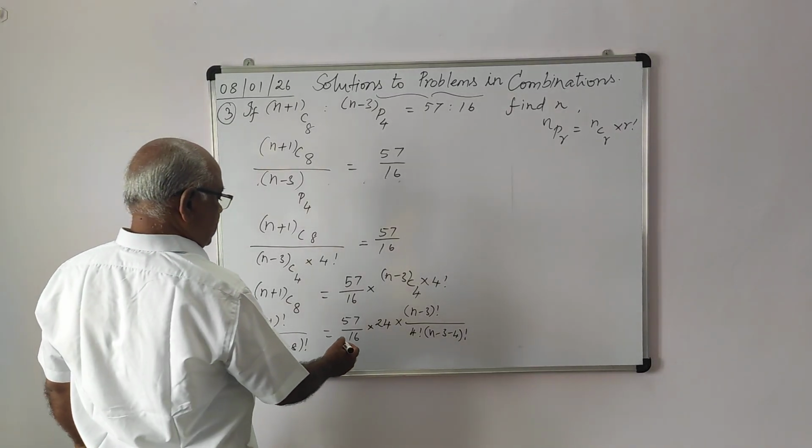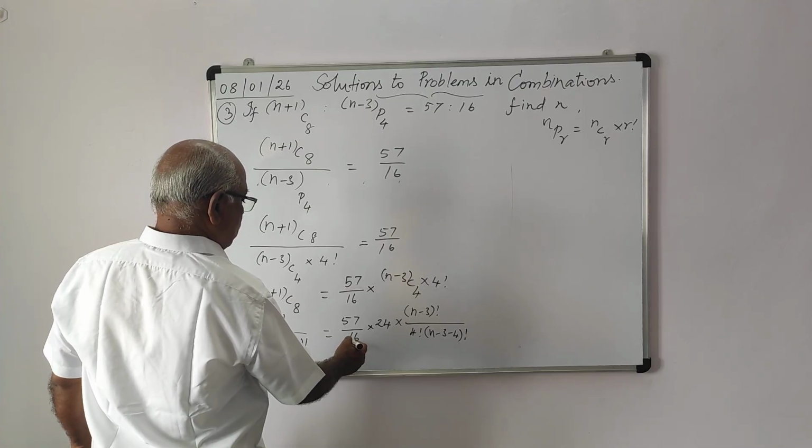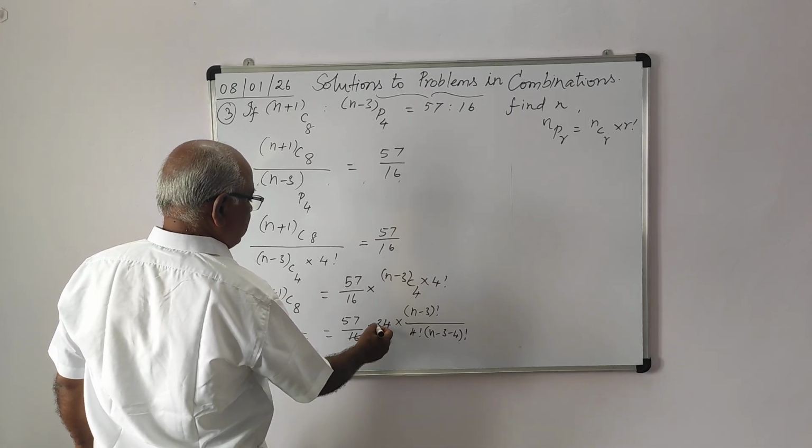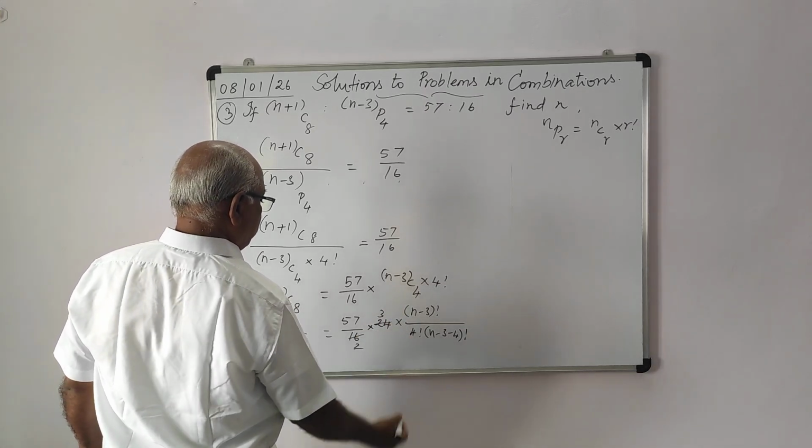So here, 2 8s are 16, you cancel by 8: 2 8s are 16 and 3 8s are 24.